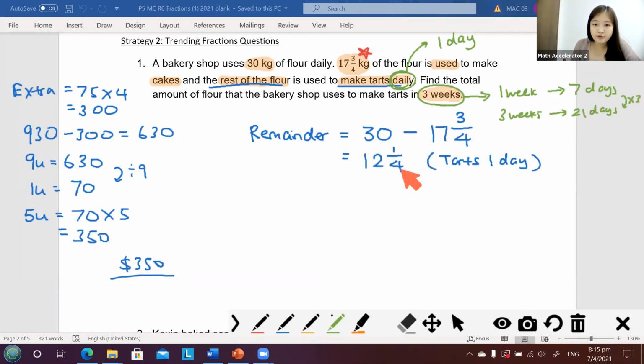So since we already found 1 day, we just need to look for 21 days. So for tarts, 3 weeks. Take the amount that is used in 1 day and multiply by 21. What will be your answer? Can you go and calculate?